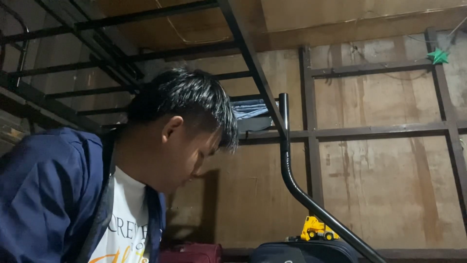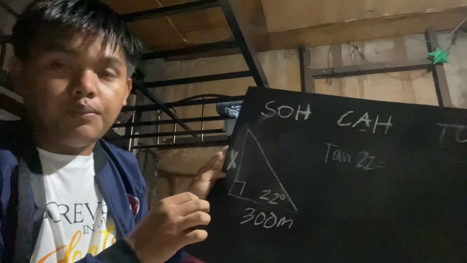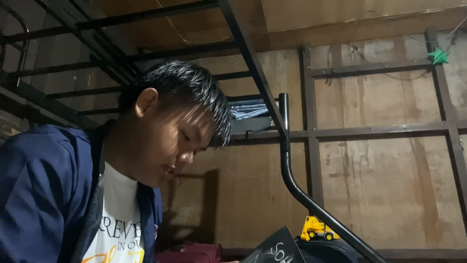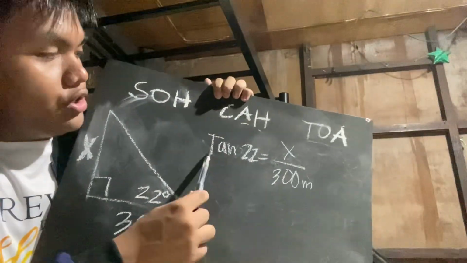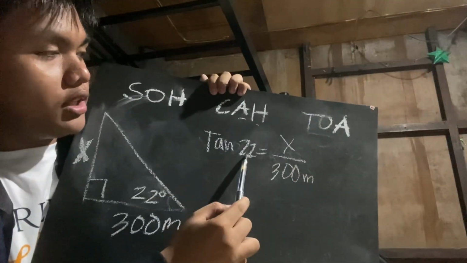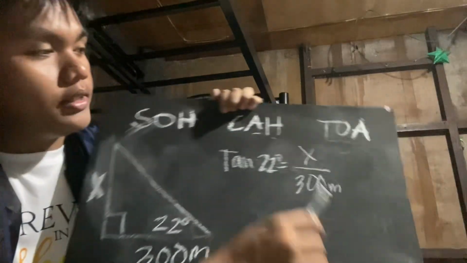So, tangent 22 degrees equals the opposite.